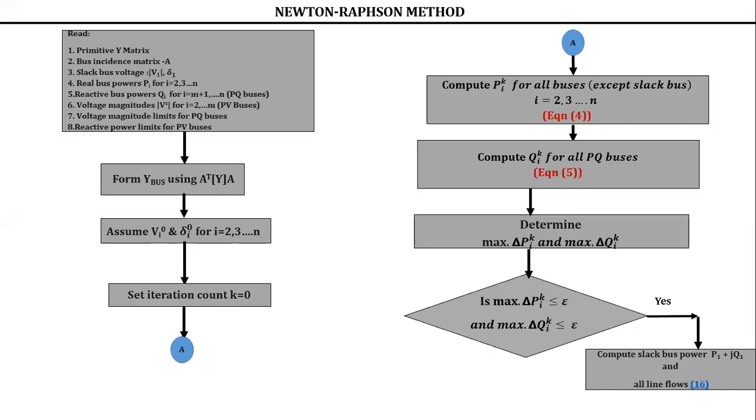Maximum value. Suppose you assume it, Saksham, delta Pi, you have buses 2, 3, 4. The values you got are delta P. There are 3 buses, you assume it. I is 3, so I will write delta P1, delta P2, delta P3. So delta P1 is 2, delta P2 is 4, delta P3 is 1.